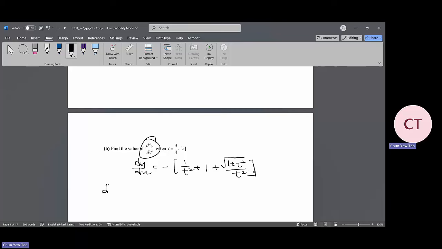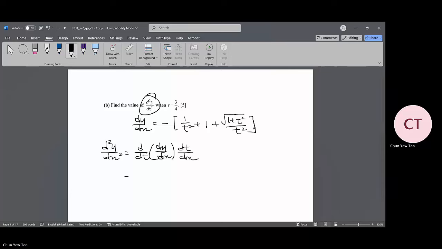Now, to find d squared y dx squared, it is actually d dt of dy dx, times dt dx, by applying the chain rule. So you just need to copy this result down here. Then you get negative 1 minus 1 minus the square root of 1 plus t squared over t squared, multiplied by the negative dt dx.